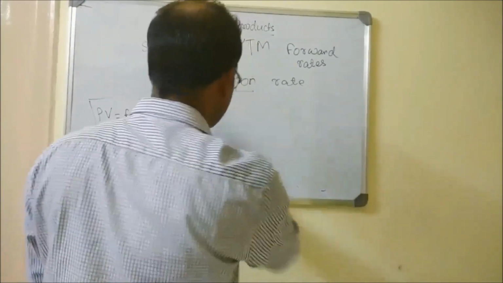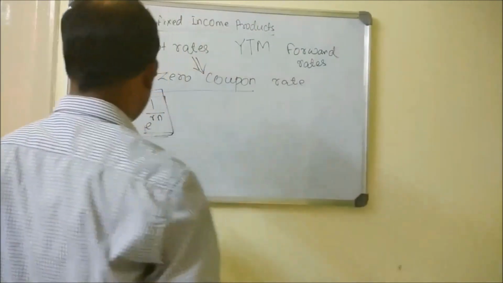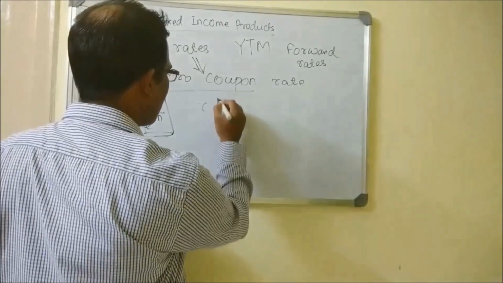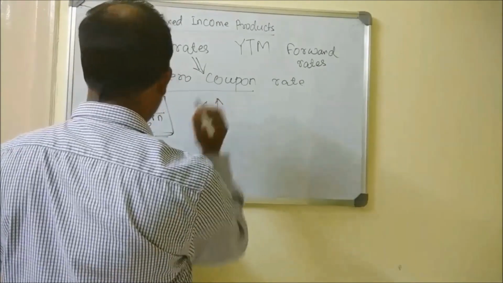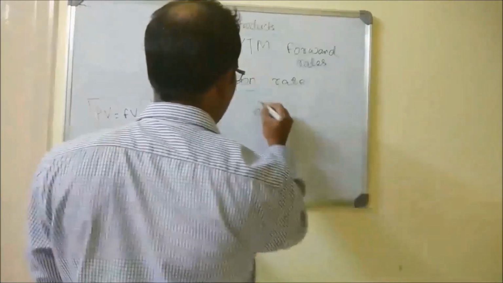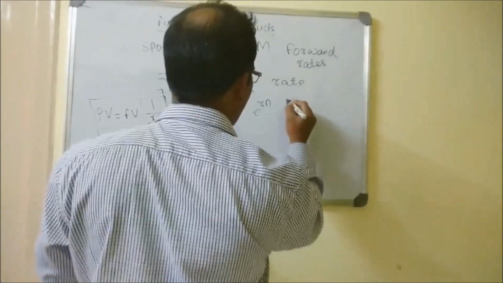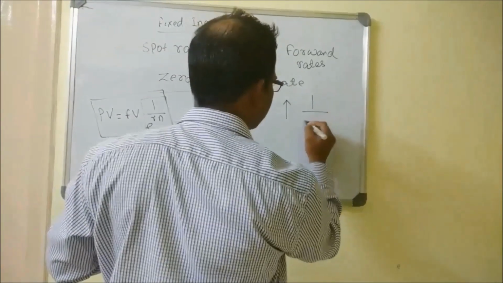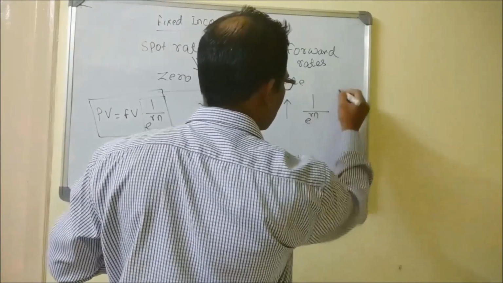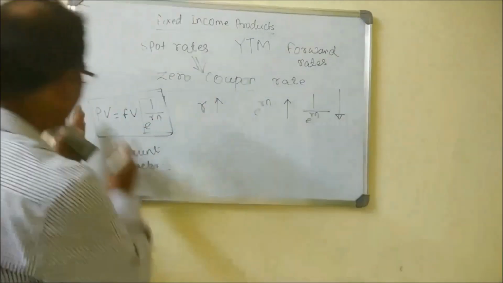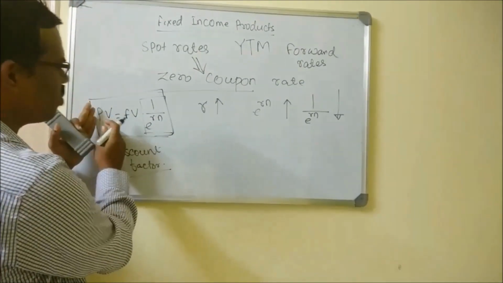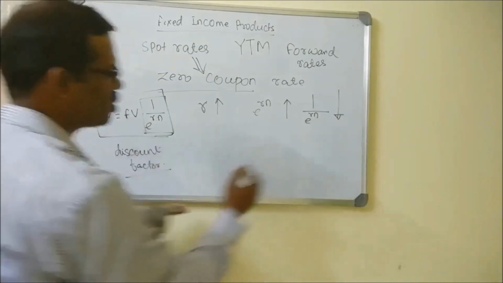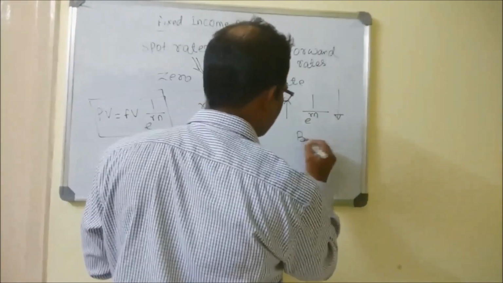If my interest rate goes up, what happens? If R is the interest rate and R goes up, then e to the power Rn goes up, and therefore 1 upon e to the power Rn goes down, and therefore your present value, which is also known as the bond value in our case, goes down.